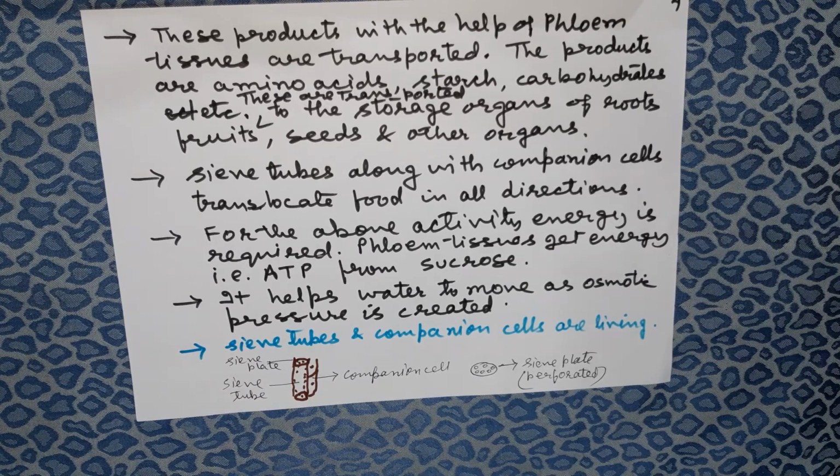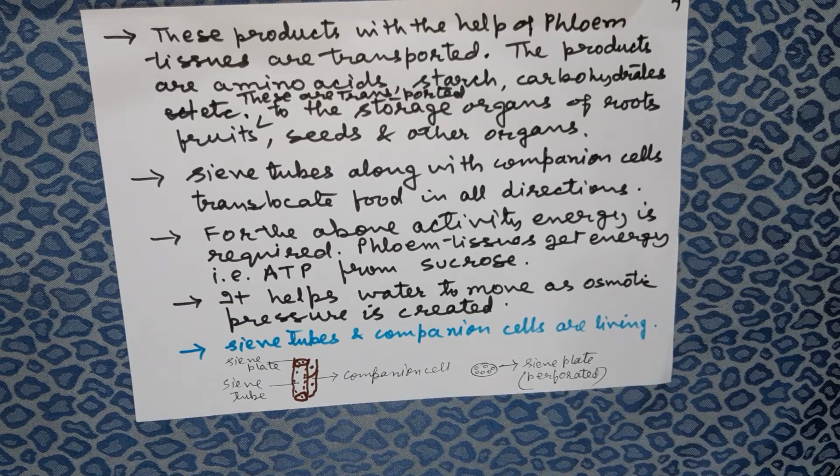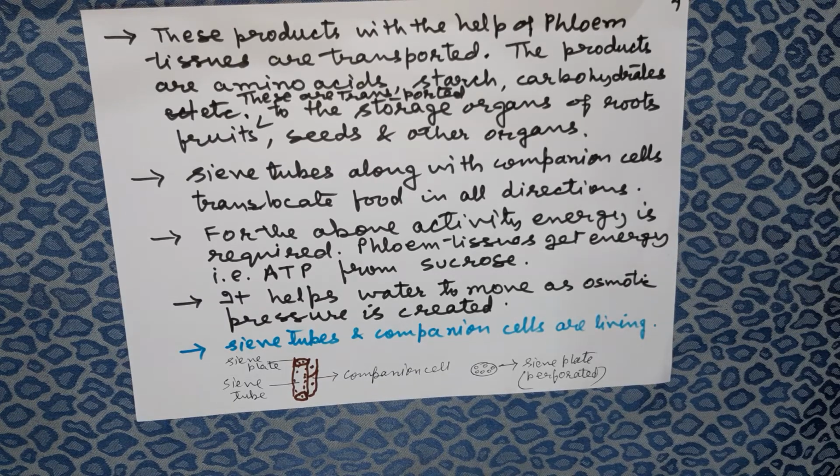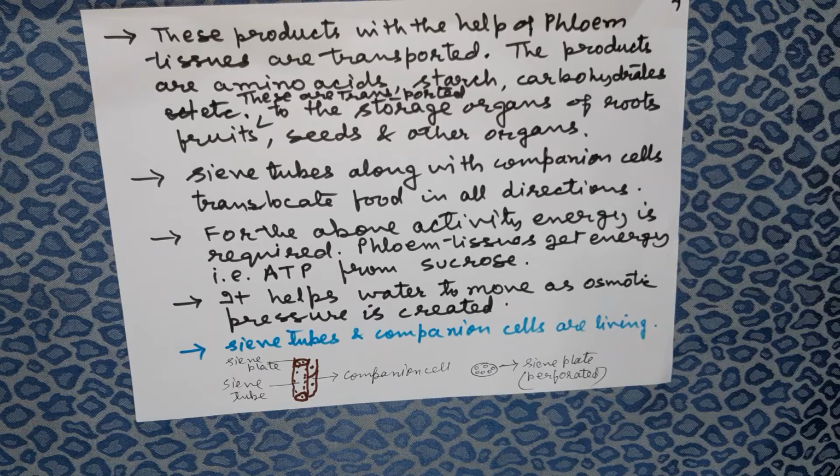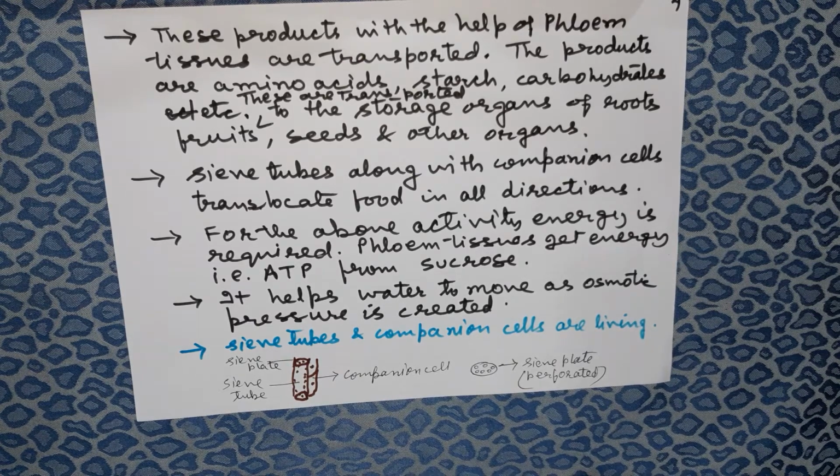Since this activity happens, water also moves up, because osmotic pressure is created, because some energy will be used up. So when energy is used, then pressure is also created. So due to this osmotic pressure, the water also moves up.